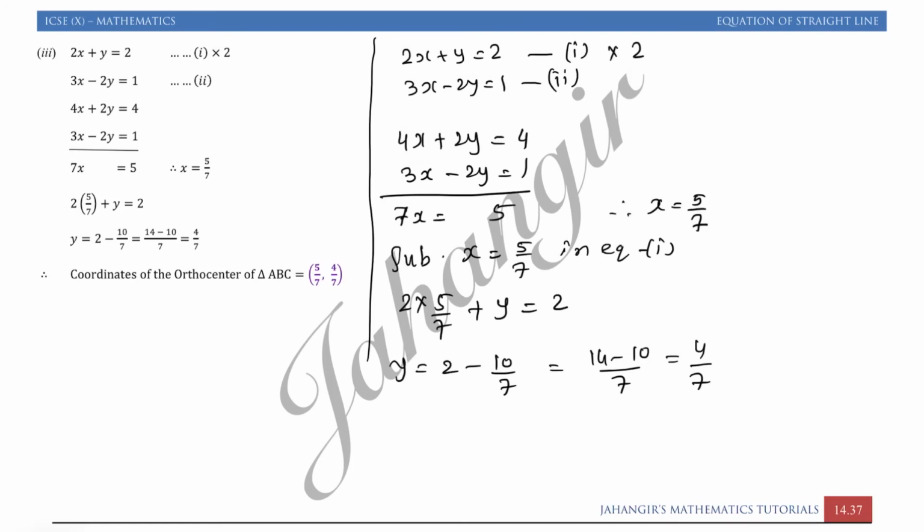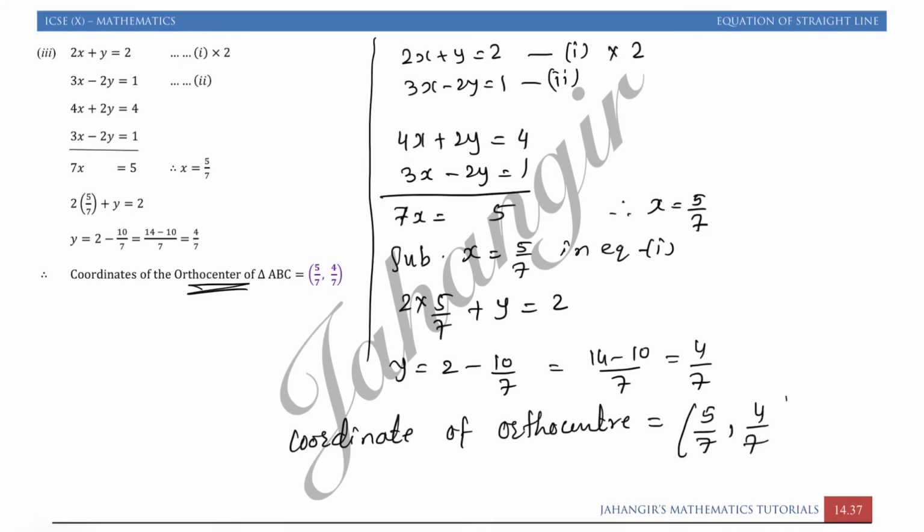So the orthocenter coordinate is 5 by 7 comma 4 by 7.